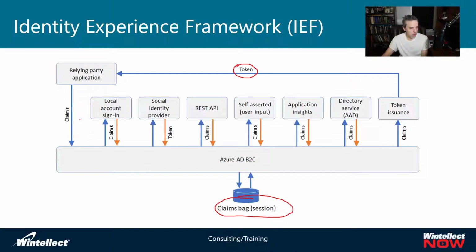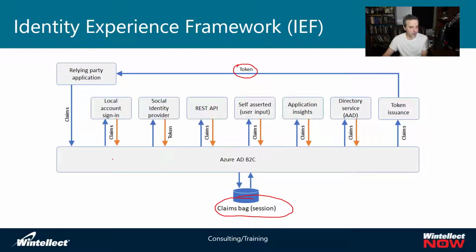So the claims come down here, hit Azure B2C, and then Azure B2C looks at the claims for the application, and then it knows which policy to use for this particular application. It knows which identity providers are supported based on the policy that it's selected as part of the claims that are sent over from the relying party application.